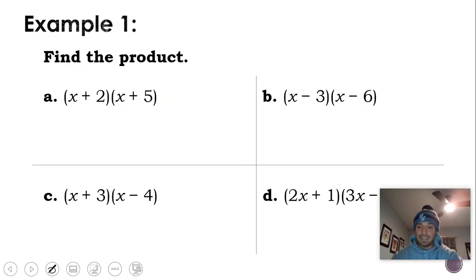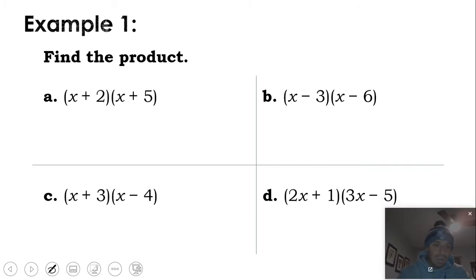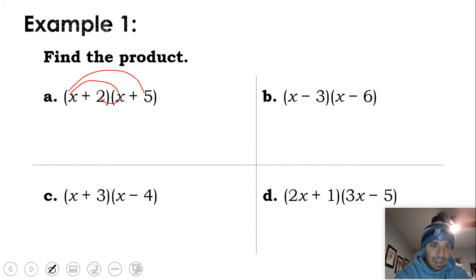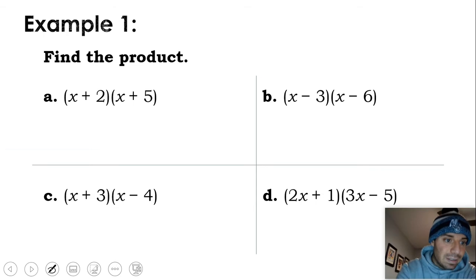So let's use the FOIL technique here. We're going to multiply here, and here, here, and here. It's important to draw in your little loops. I'm going to go one at a time now, just to make it a little bit clearer.